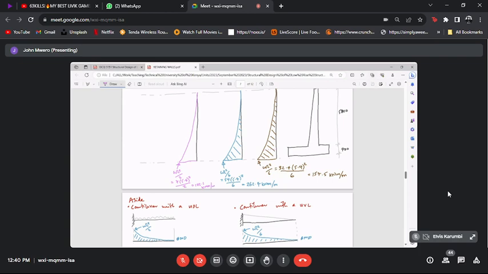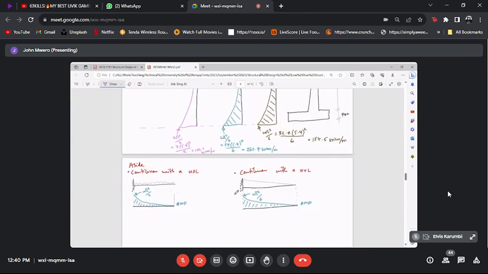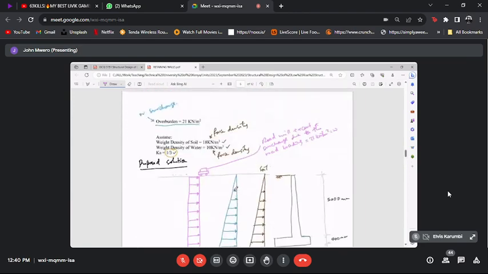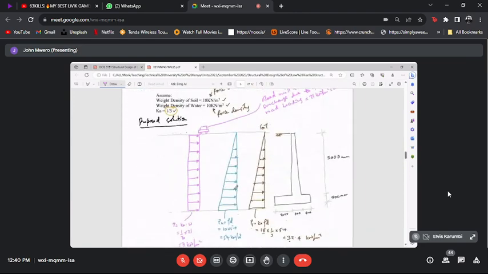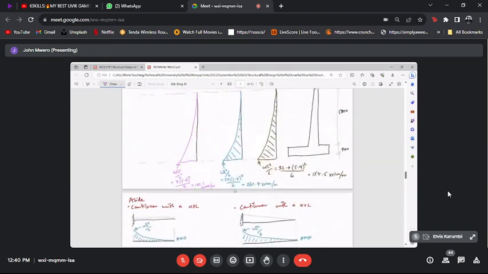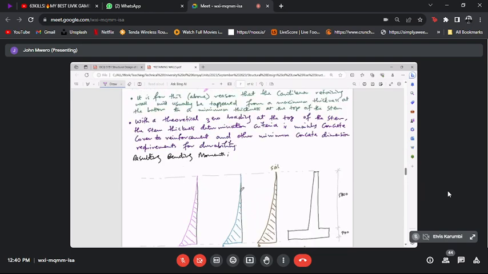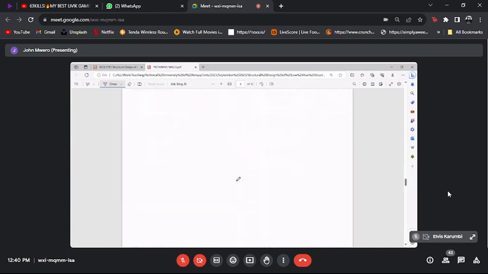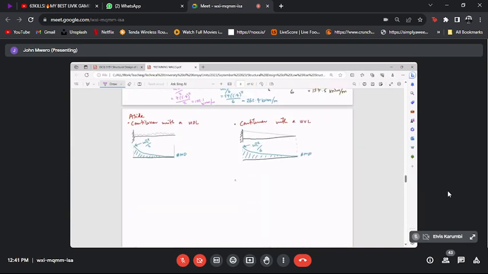So what we have done is we have calculated first the loads on the wall, the loading on the wall. Then we have gone ahead to now calculate the bending moments that are resulting from those loads on the wall. Just to remind you, we said, what about the process of design?